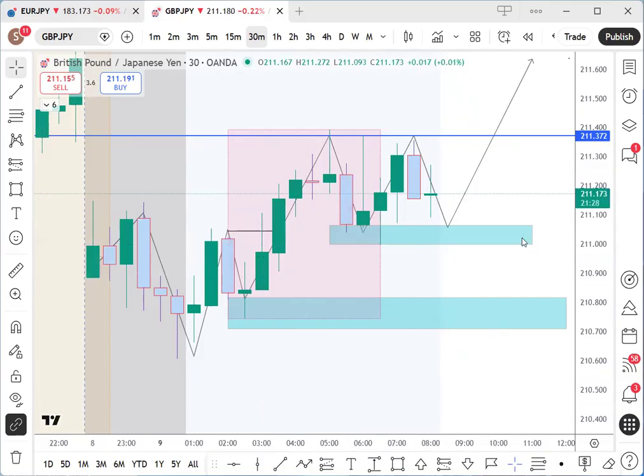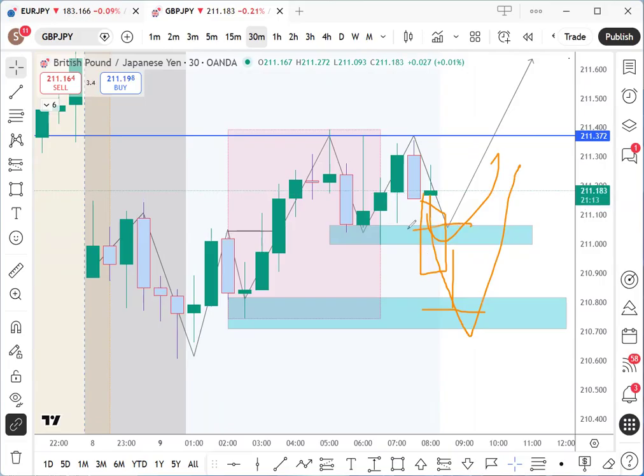So let's do that. If this closes below this level here, then there's a high potential it may actually come down to this zone here. Yeah. So if it does not turn around here, then it might come here before it turns around. So you can say that, okay, between this level and this level, I can take some small pips there. Yeah. So it can be something like that.